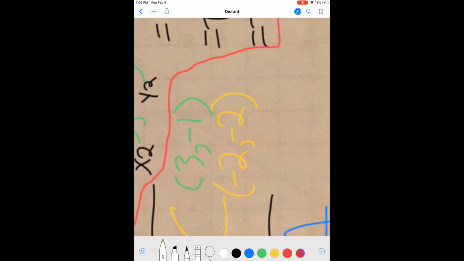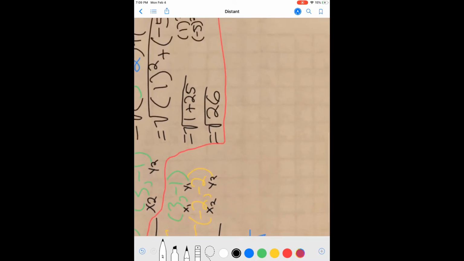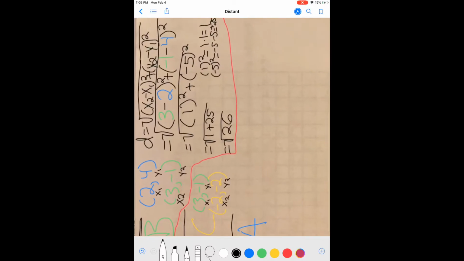So I want to come in here, identify what my x1, y1, all that good stuff. So x2, y2. I'm going to use that to substitute into my formula. So we're going to have the square root, still 2 parentheses, still both squared, and still addition in between, and subtraction as well. So instead of x2, I'm going to put -2. My bad for doing the wrong color.